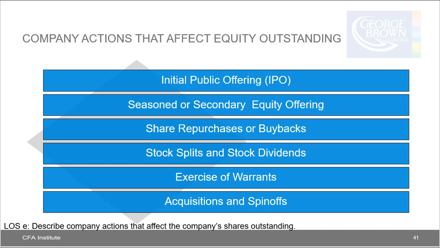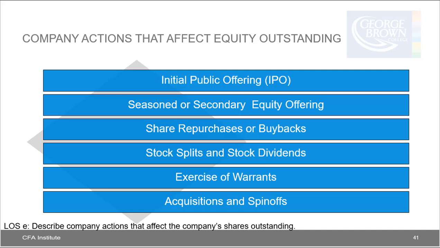Equity investors are affected by changes in the number of shares outstanding. Therefore, it's important for equity investors to understand how these changes affect the value or ownership claim of their equity investment. And basically what they're talking about there is dilution. Some of these actions that affect equity outstanding result in dilution.